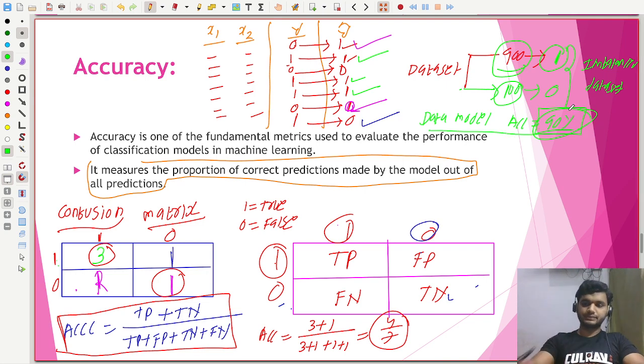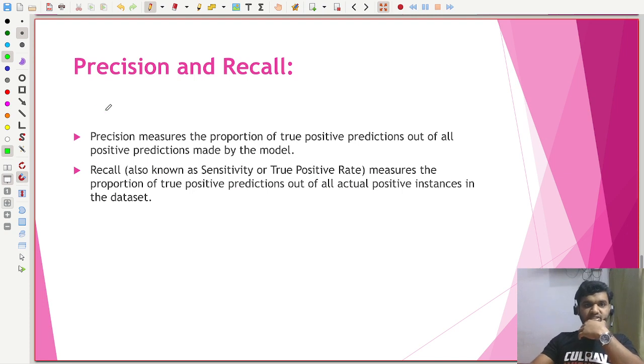Accuracy is a simple yet essential metric for evaluating a classification model. Understanding its strengths and limitations is crucial for meaningful model evaluation. So we directly discuss precision and recall after accuracy.